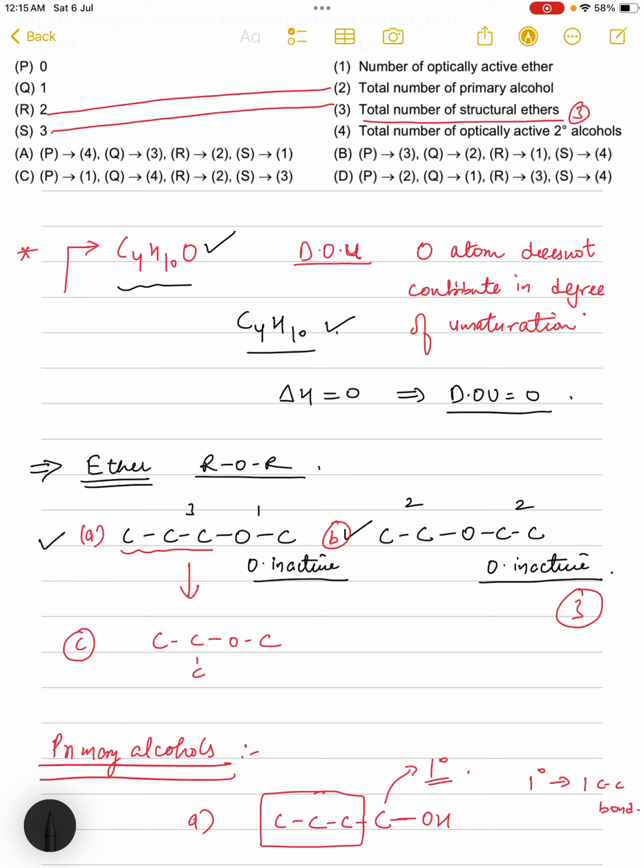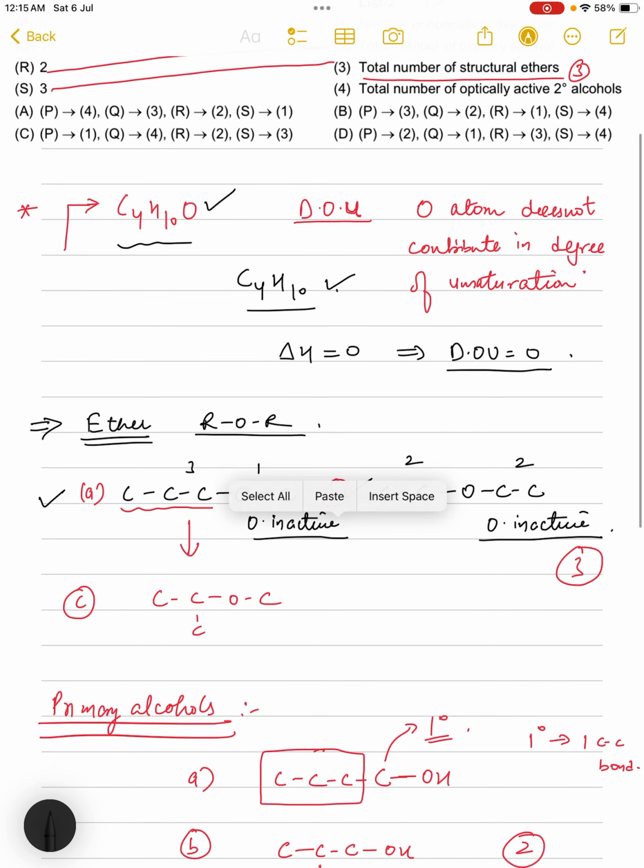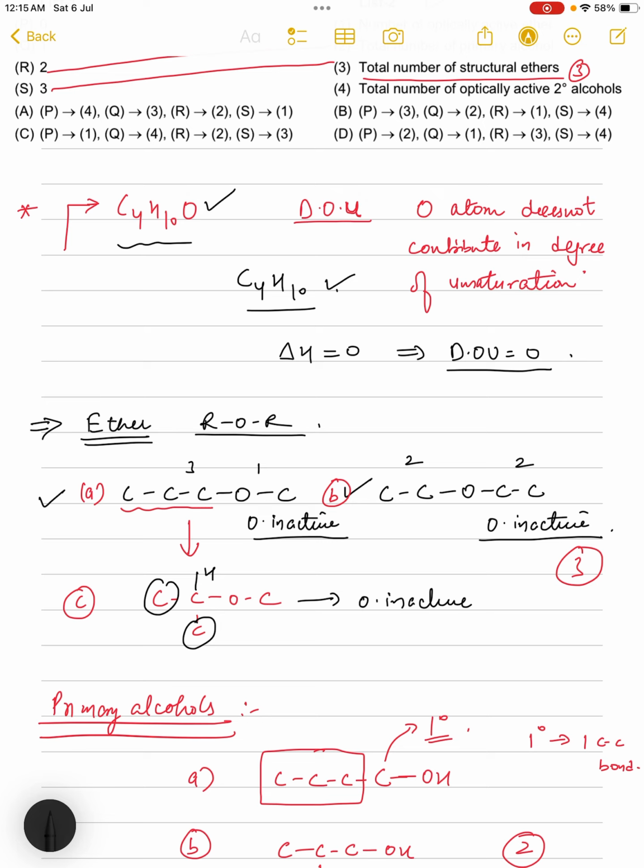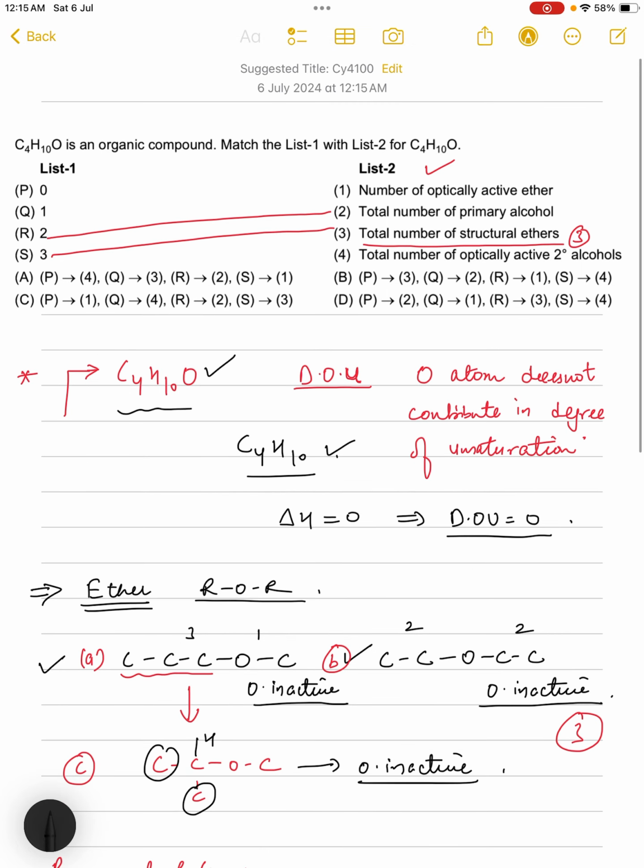In molecule C, there are 2 CH3 groups on this carbon, so it is also optically inactive. That means no ether formed is optically active, so option 1 goes to P, right?